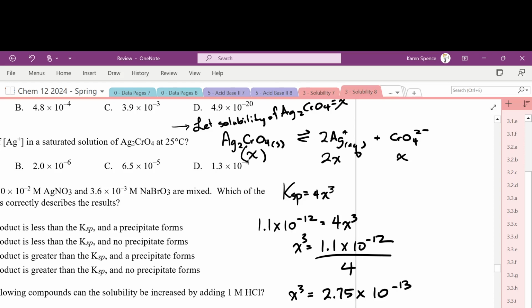So x is equal to the cube root of that, 6.5 times 10 to the negative 5. And the concentration of silver is 2 times that much. So we get 1.3 times 10 to the negative 4. Is that good? Okay.